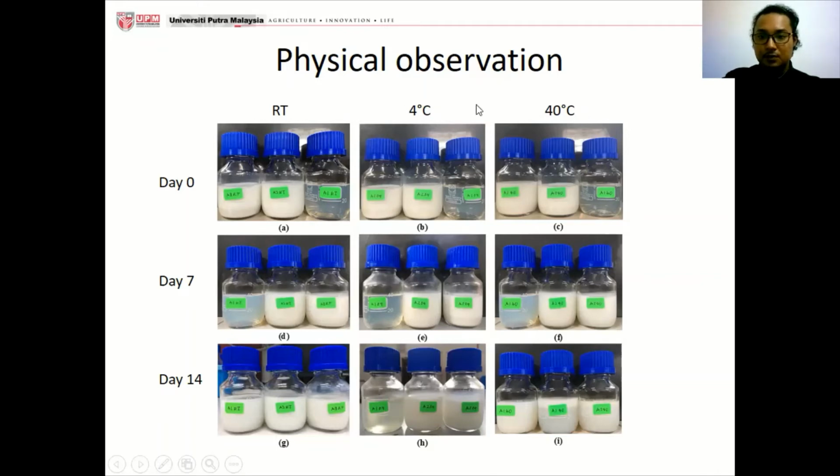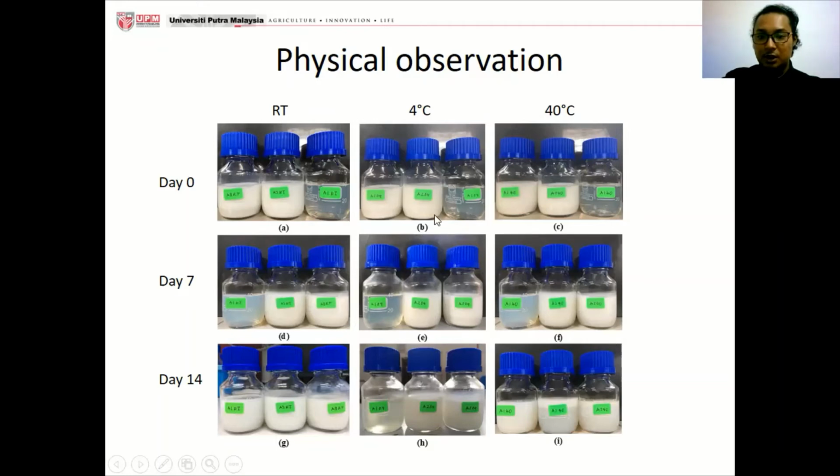Based on this physical observation, from day 0, the physical appearance of formulations A2 and A3 of my chloride honey nanoemulsion appears to be milky, and for A1, all of it appears to be translucent.